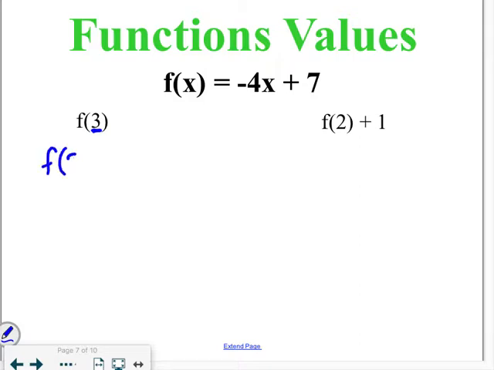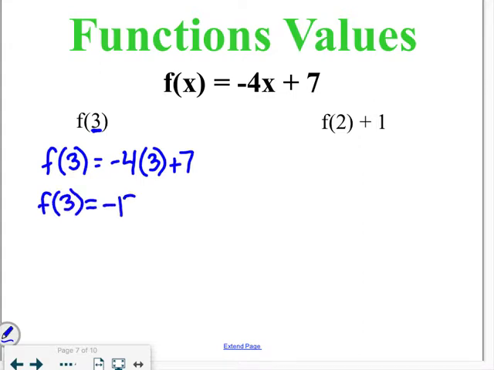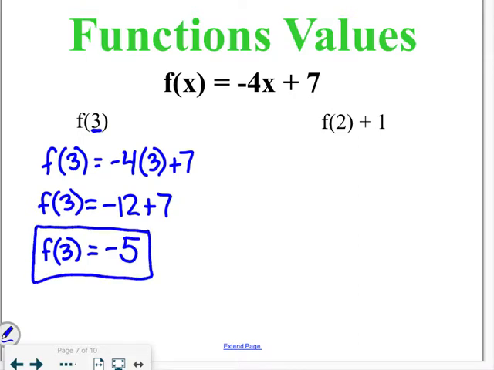So I would say f of 3 is equal to -4 times 3 plus 7. f of 3 then is equal to negative 12 plus 7, giving us a final answer of negative 5. So f of 3 is equal to negative 5. That's saying when I plug 3 into function f, I get an answer of negative 5.